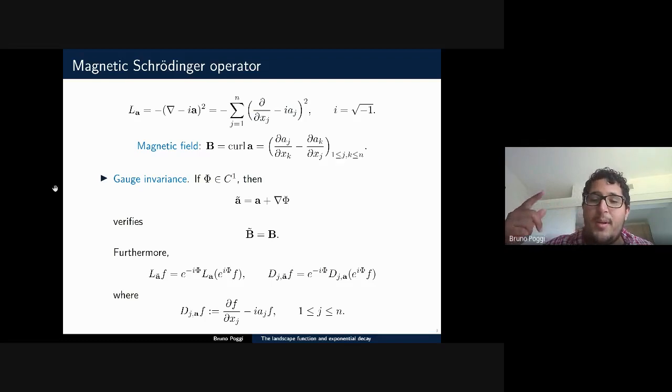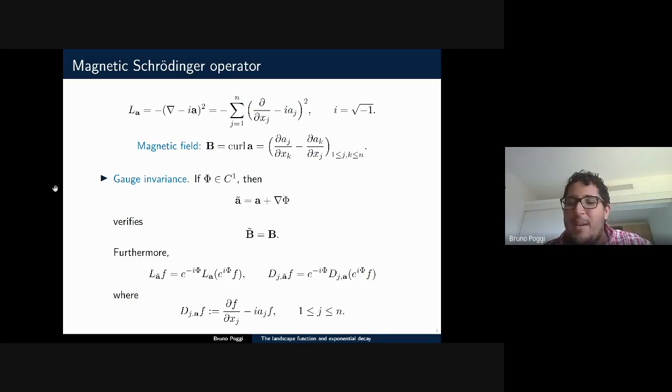And furthermore, you have these identities here that relate the solutions to the equations via just a change of phase. You just need to multiply by e to the i phi, where phi is the function with the gradient you added to the magnetic potential.